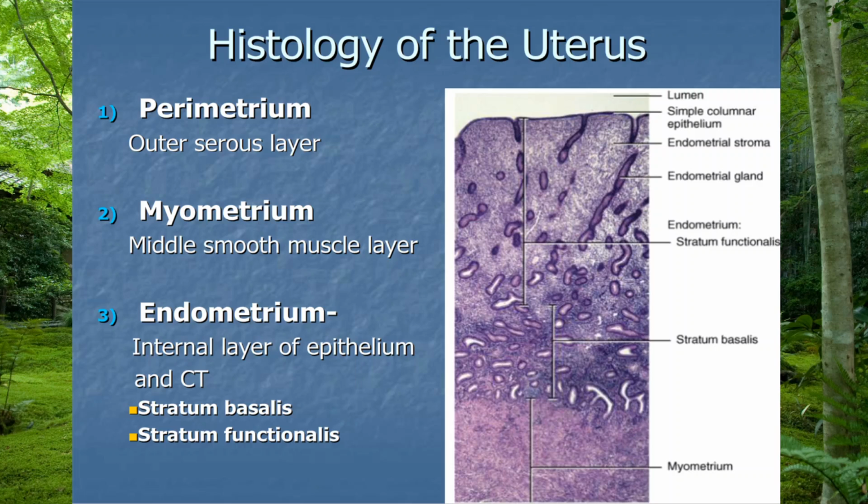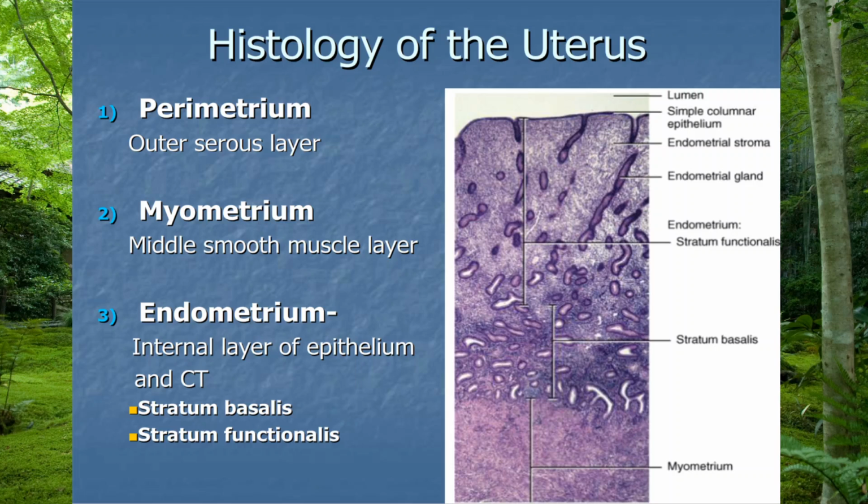And the endometrium is basically composed of simple columnar epithelium underlain by a very thick layer of connective tissue. And the endometrium is basically divided into two layers: a superficial stratum functionalis and a deeper stratum basalis. Now remember that the uterus is a site for implantation of the zygote and later embryo, and so we're going to form a connection between the zygote and the uterus through the stratum functionalis.